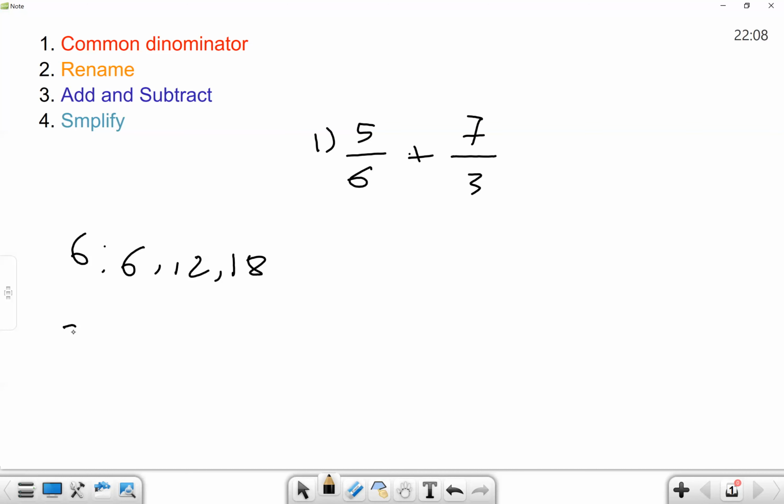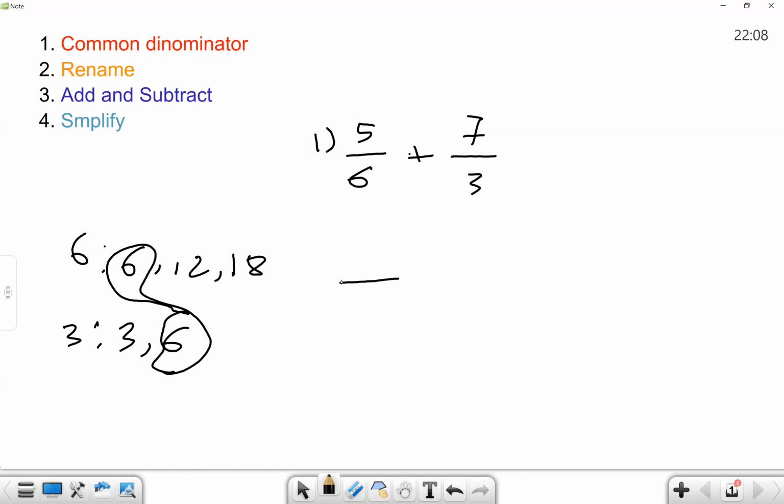And we are going to do the same for 3. 3 times 1, 3. 3 times 2 is 6. As you see, guys, we found the least common multiple. When you find the least common multiple, you have to stop because we don't need the other numbers. Now, number 6 is our least common multiple and also will be the common denominator.